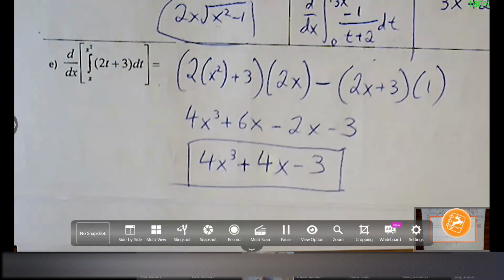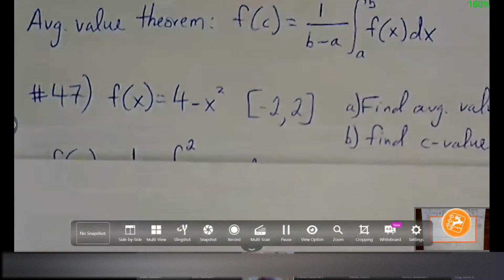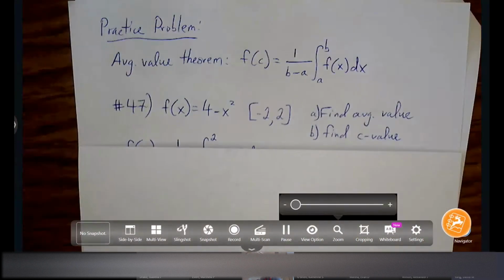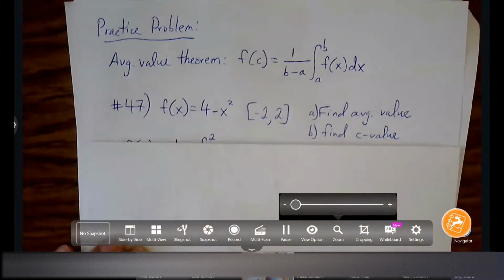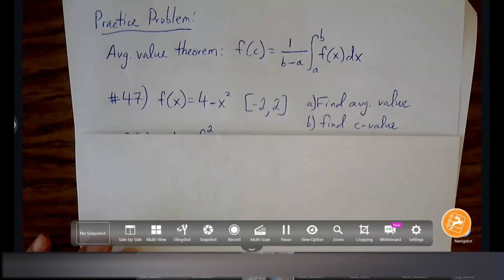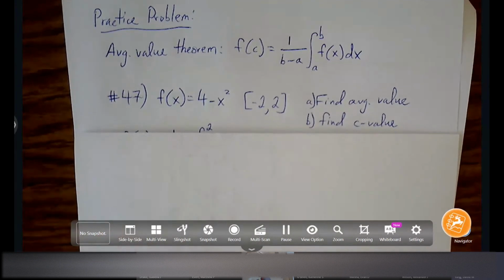All right, here is the average value theorem. I'll put the formula. Oh, let me zoom out. So just like the one that we did, or same steps as what we did on that first page. So use that as a model to help you through the steps. I'll see how you guys do, and then we can check our answers.